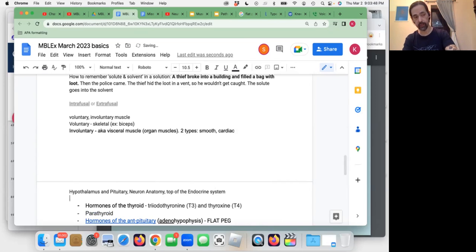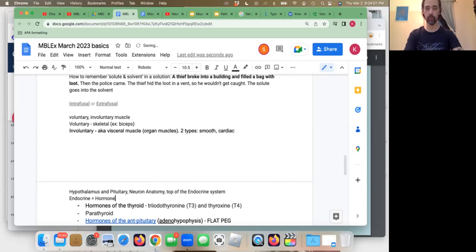Before we start, a little bit of medical terminology. Endocrine means hormone or hormonal, which means adeno. Those are all the same.